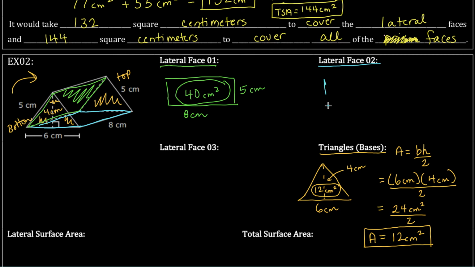So let's see, I will draw it like this. I think it'll be easier for y'all to see. So 6 centimeters by 8 centimeters. The base of this rectangle is 6 centimeters. The height is 8 centimeters. So our area is 48 square centimeters.